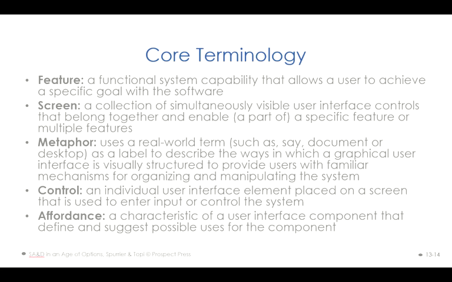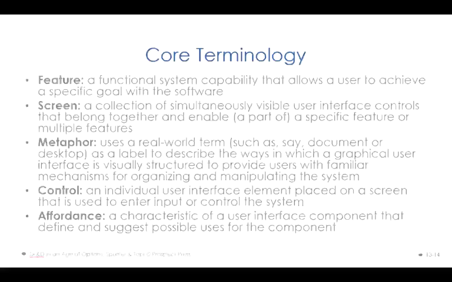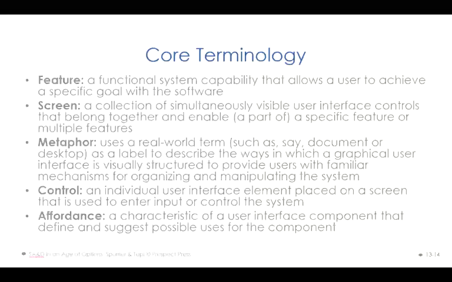And finally, we have this very vague term called affordance. Affordance is more like a feeling that it's just right. A typical example is looking at iPhone design versus Android phone design, and many people will say, well, it just seems like the iPhone interface is right.